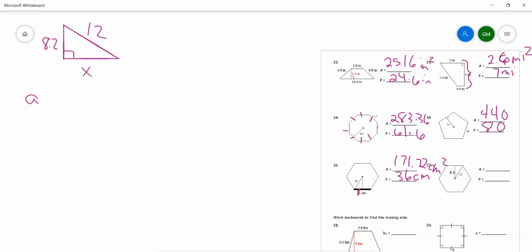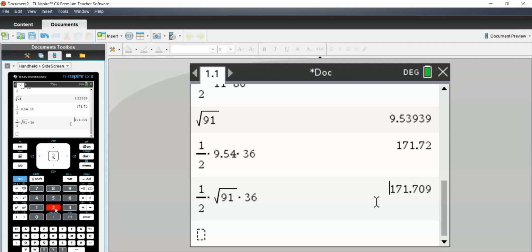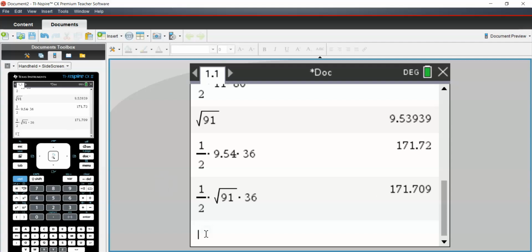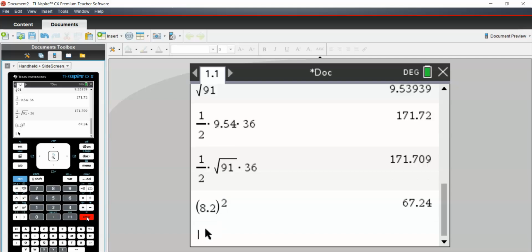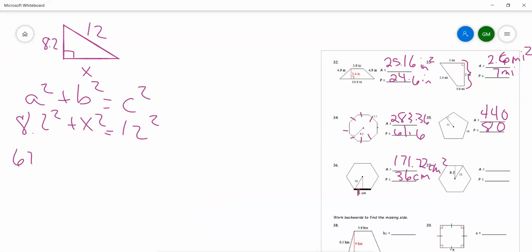All right, so a squared plus b squared equals c squared. So we get 8.2 squared plus your unknown squared is equal to 12 squared. So 8.2 squared is 67.24 plus x squared equals 144.